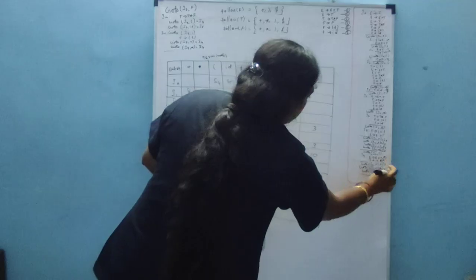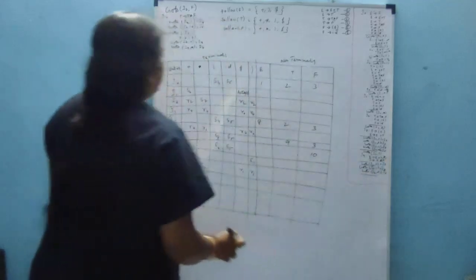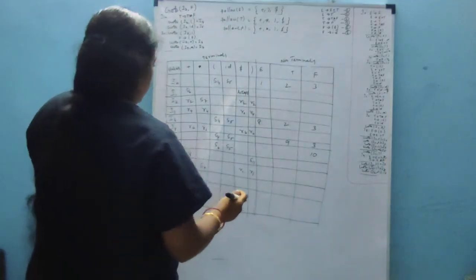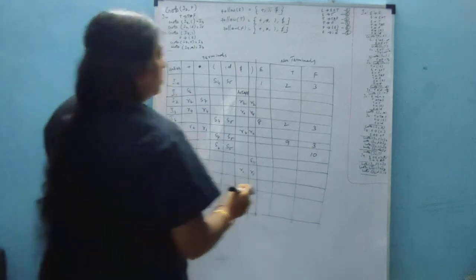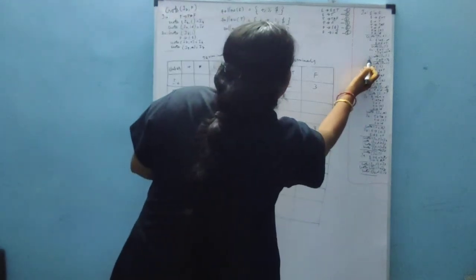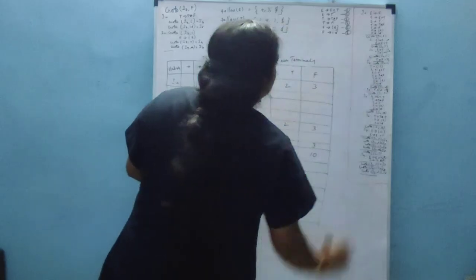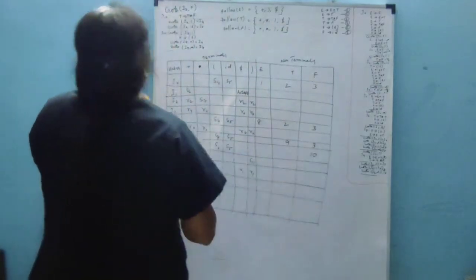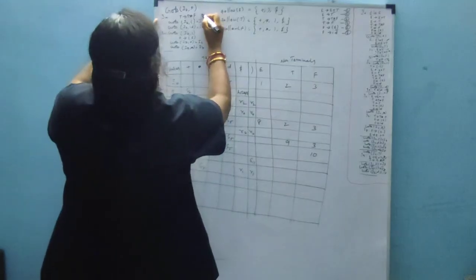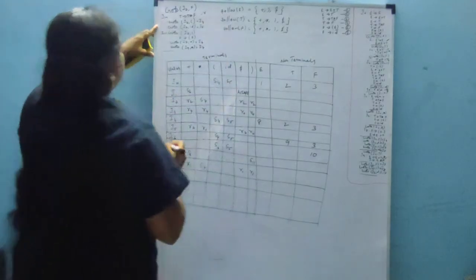This one completed. Any other state? Completed state. R3. R state.